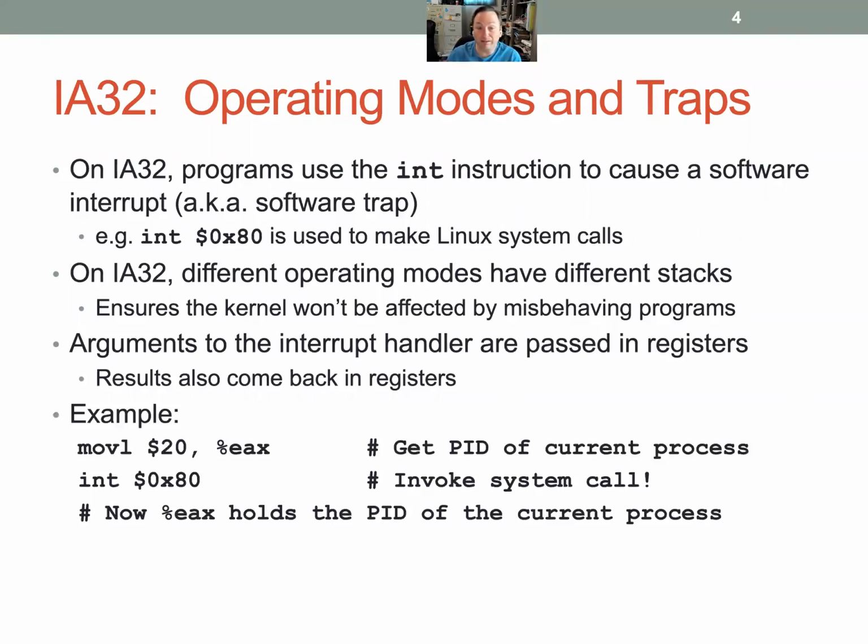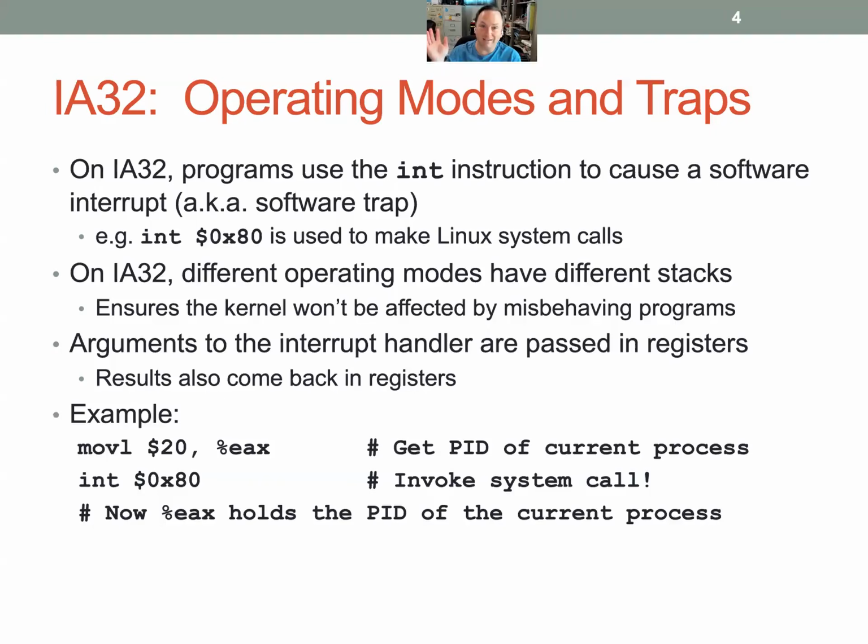This is a simple example of how you would get the process ID of a process on 32-bit Linux. It also would work on Mac OS until 64-bit became the norm. You put a specific value in EAX. This is how you say, this is the system call I want to perform. You trap into the kernel.